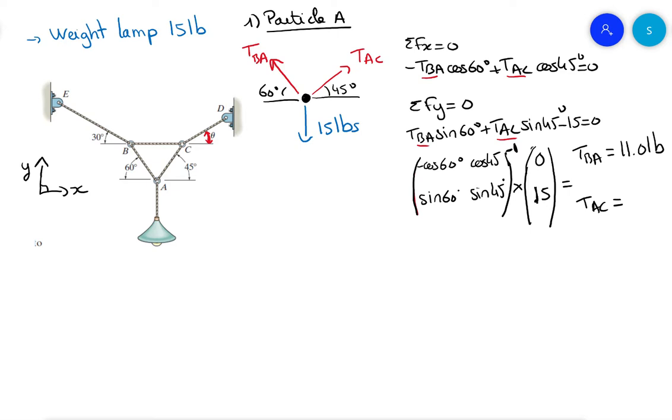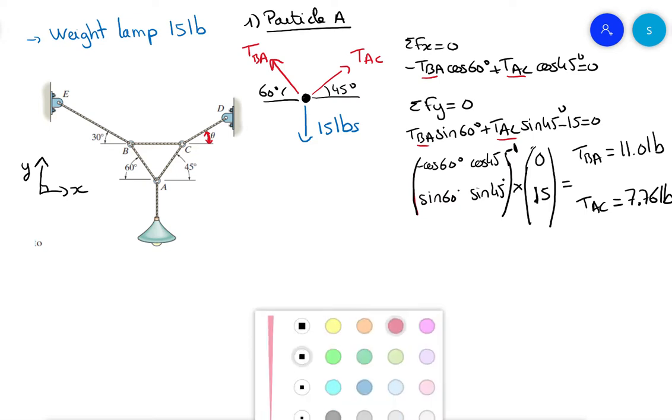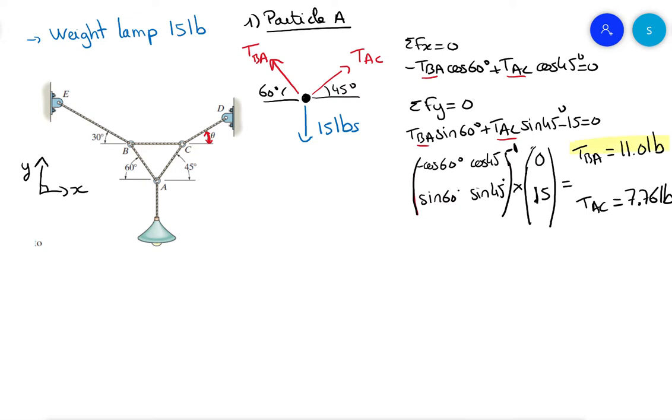Put it in your calculator or in the system that you use to solve on the internet. So let me highlight those two first answers, TBA and TAC. So now, next, we will use another particle. Which one do we use? Now we know this one, this one, and this one.